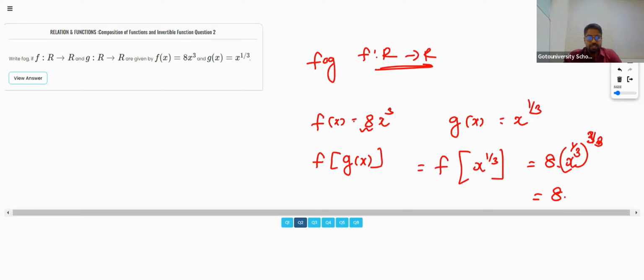So 8 will not be changed. Only the cube root is applicable for the given function. So what we get is 8x as well. So the cube root will be cancelled with the power 3, right?